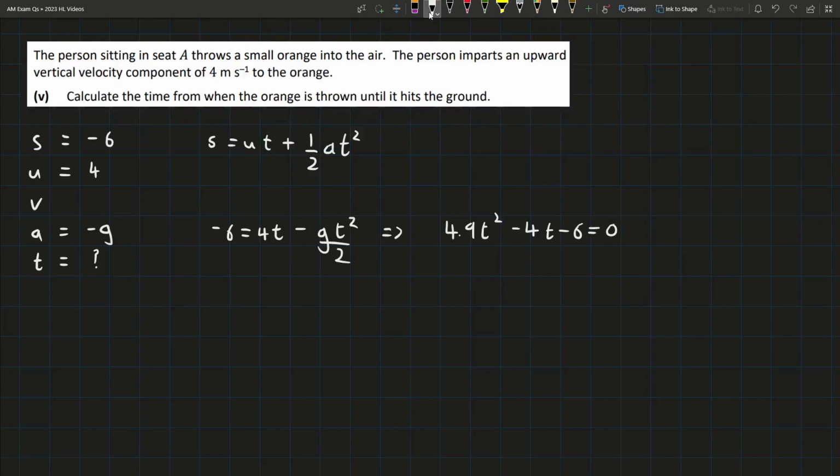We could try to factor this, but we won't. We'll just use the formula. t equals the quadratic formula, so it's negative b, which will be positive 4, plus or minus the square root of 4 squared minus 4 times 4.9 times minus 6, all over 2 times 4.9.